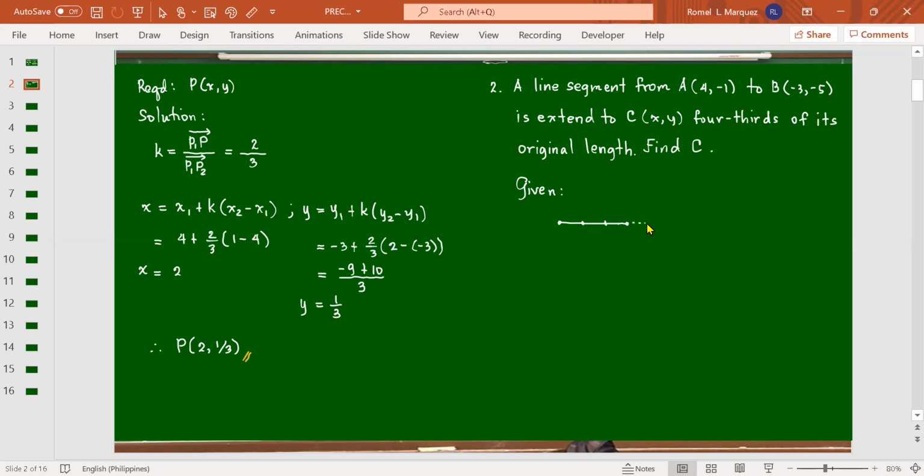So we have one total of this, plus a part. Am I correct, guys? Yes, sir. So 1, 2, 3, 4. 4/3. Okay? Am I correct with my extension?